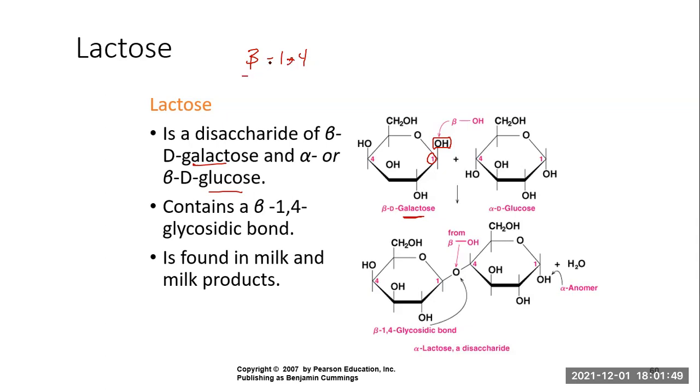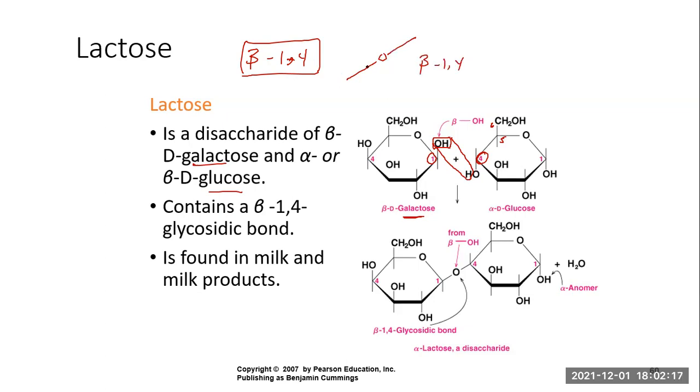And for the same reason as carbon number 1 there, over here, that is 6, 5, and 4. So the connection here is going to happen. We'll circle here. We're going to take out the water there. And the connection that we get looks different than the alpha because beta is kind of up. You actually get this upward sort of bond when you do the beta 1,4 bond here.